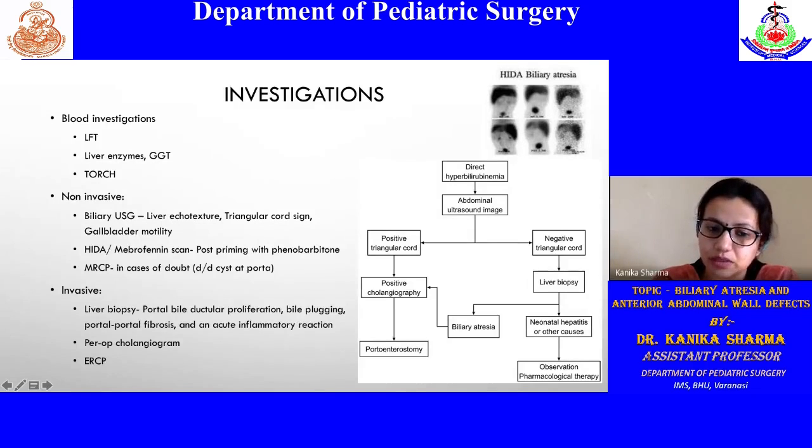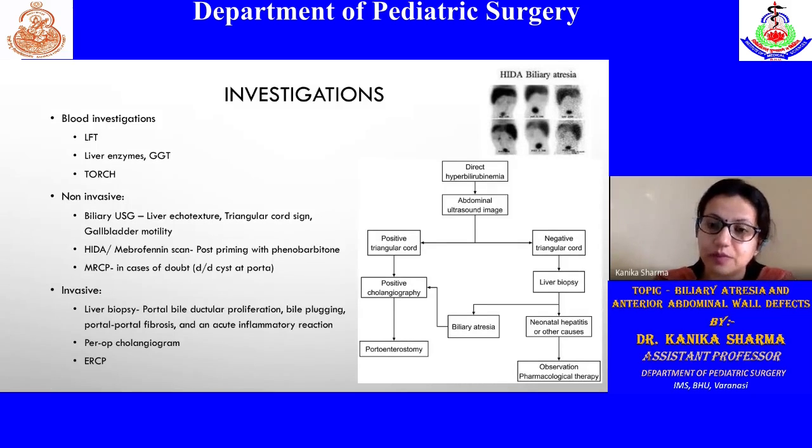Then the cholangiogram can be done, and ultimately the child will need a surgery. Similarly, even if the triangular cord sign is negative, some centers go for liver biopsy or simultaneous peroperative cholangiogram. And if those are suggestive of biliary atresia, again one will need surgery.